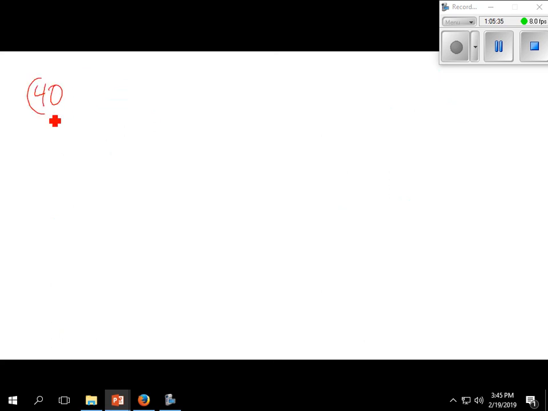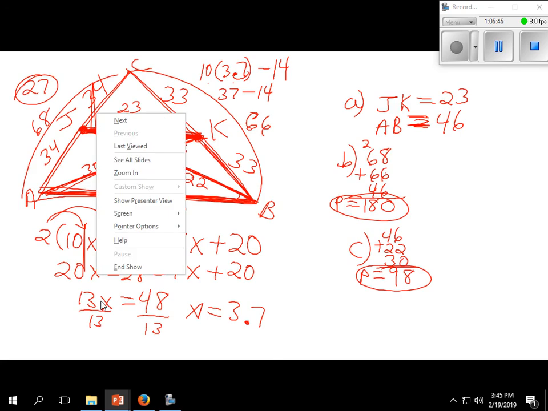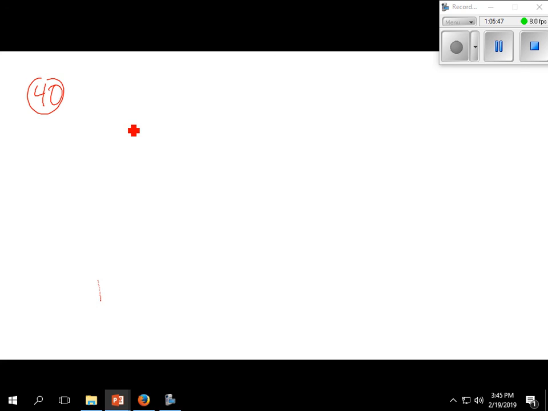Number 40 says, you and two of your friends deliver newspapers in your neighborhood. Newspaper distributor wants the pickup box to be the same distance from each person's house.